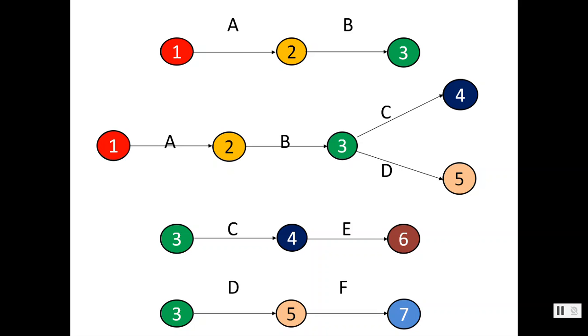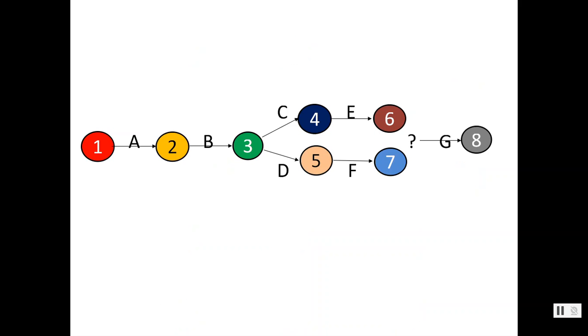And in the fourth line, 3 goes towards 5 and from 5, F goes towards 7. So the third and fourth lines, when we club these two together with line 2, it takes shape like this.